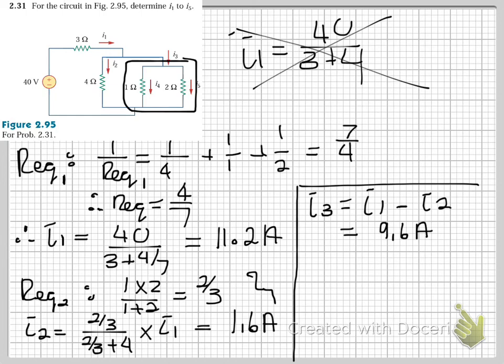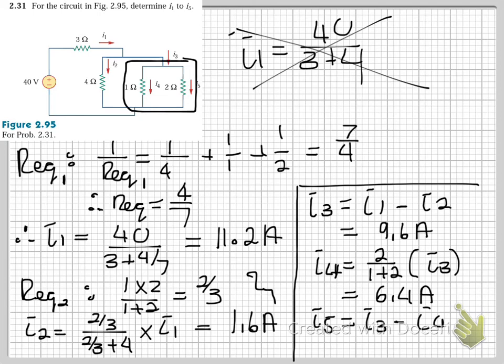So I4 is equal to 2 over 1 plus 2 multiplied by our I3, which gives us 2 over 3 multiplied by 9.6. That's equal to a nice 6.4 amps. That's I4.